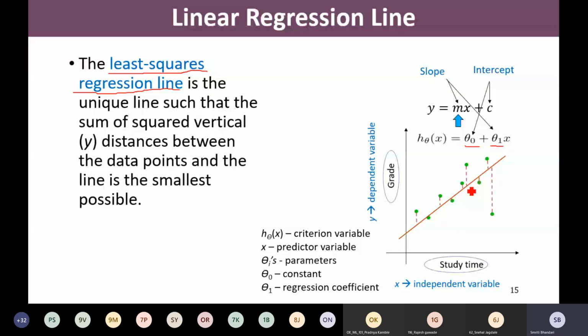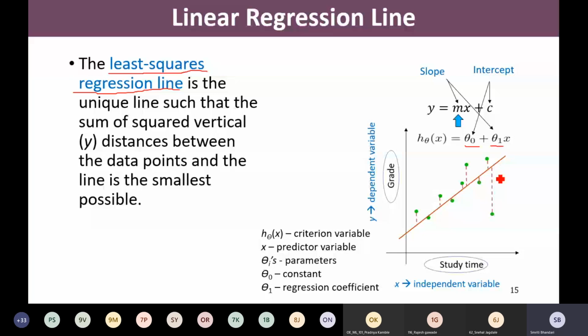What does this mean? See, if I have come up with this particular hypothesis, then obviously this hypothesis is not actually passing through all my data samples, all my data points. Obviously not. It may happen that a few of the data points lie on my hypothesis and a few of the data points are near to my hypothesis, but may not be exactly on the line, right?